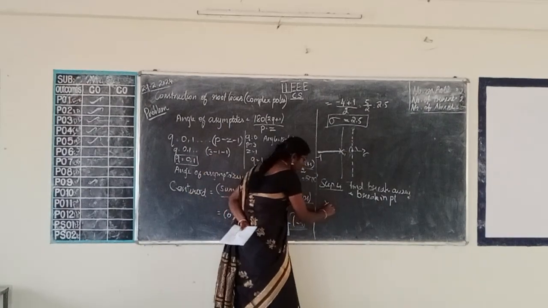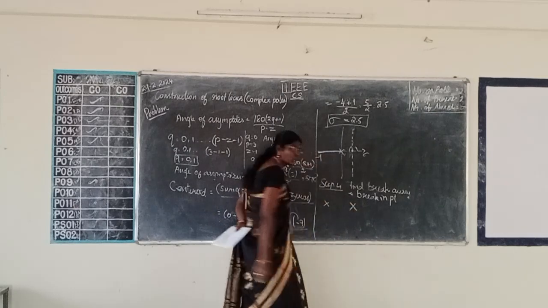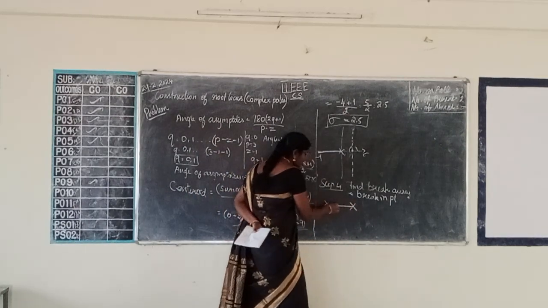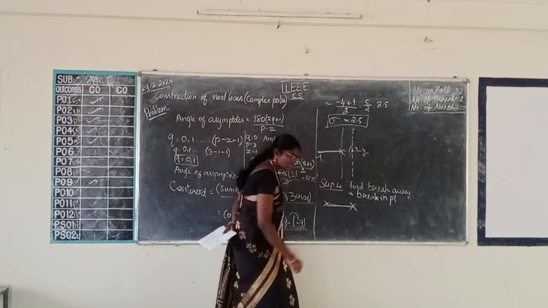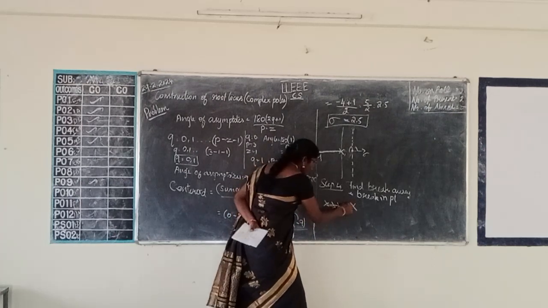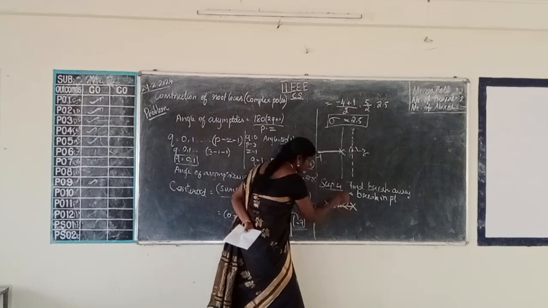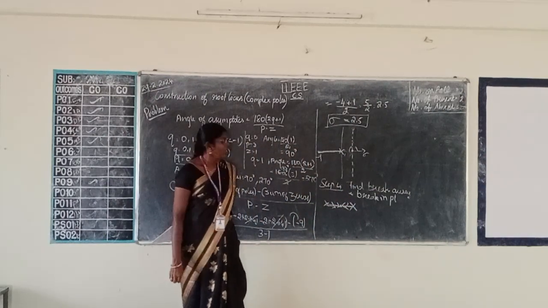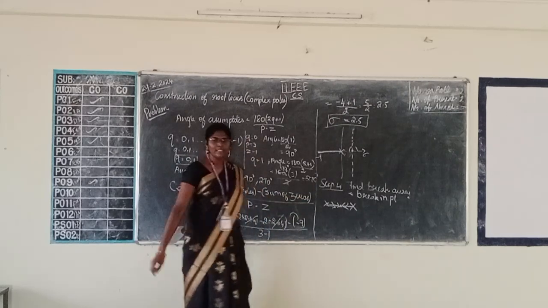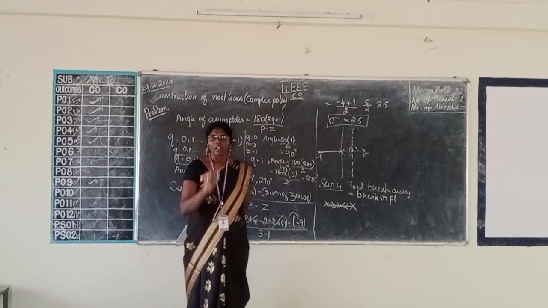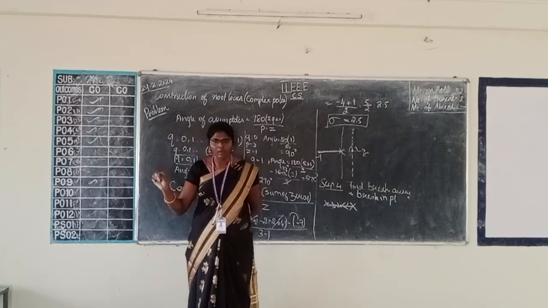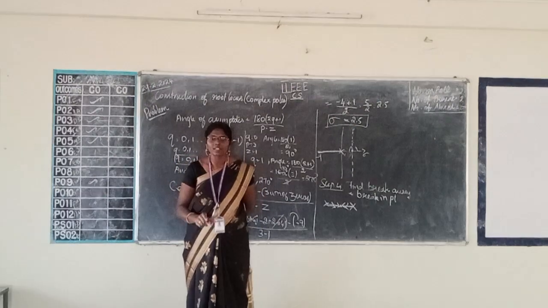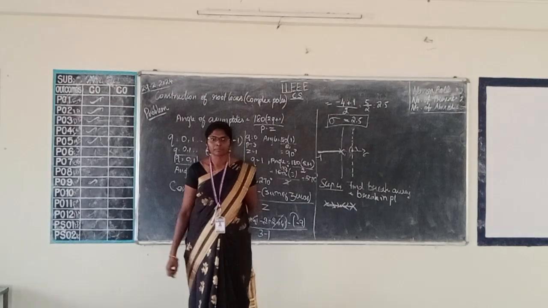If the root locus is between two poles, and there is a point over here, we are going to find the breakaway point. So if the root locus lies between two poles, using the breakaway point formula, we will find a point. That point is said to be the breakaway point.